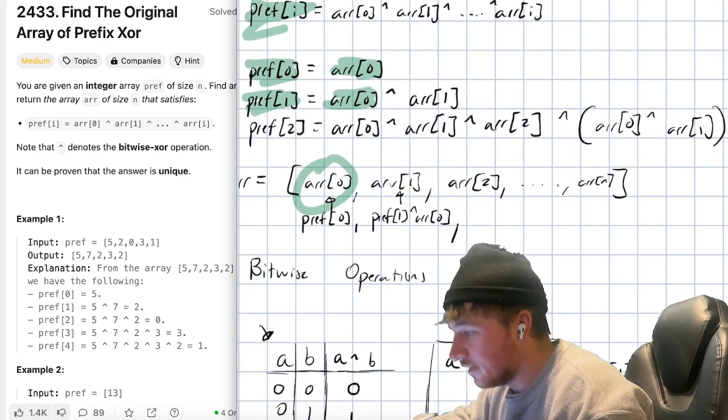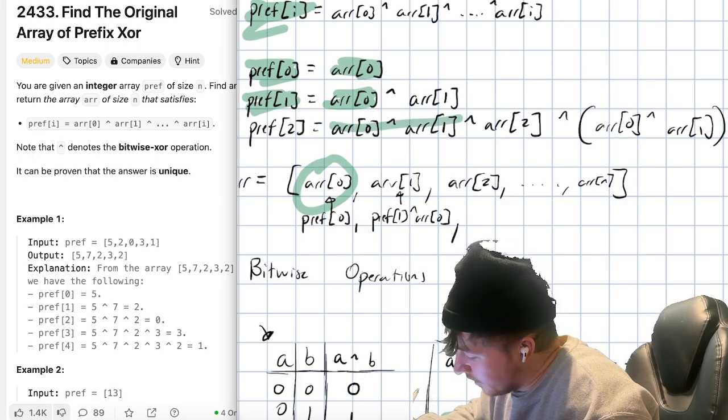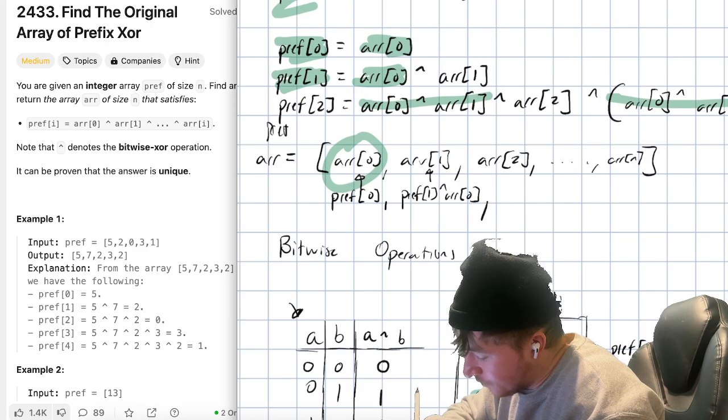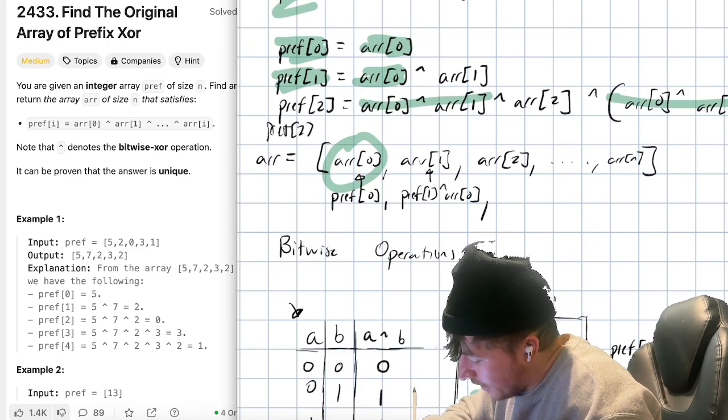If I was to do that, then these two terms would delete, and I'd isolate array 2 on the one side, and then on this side I'd have pref 2 XOR array 0 XOR array 1.